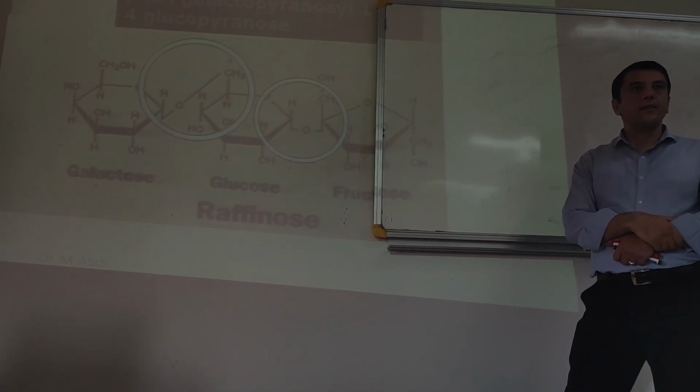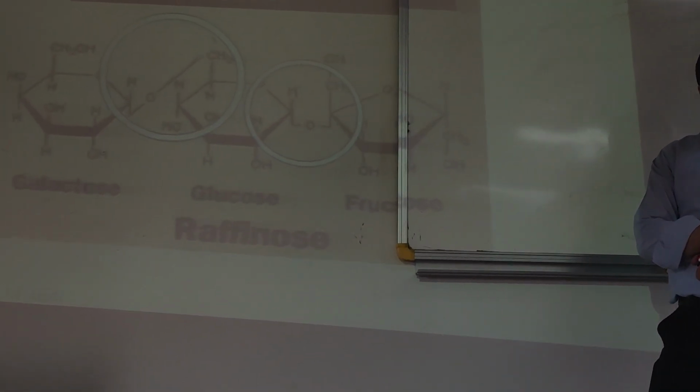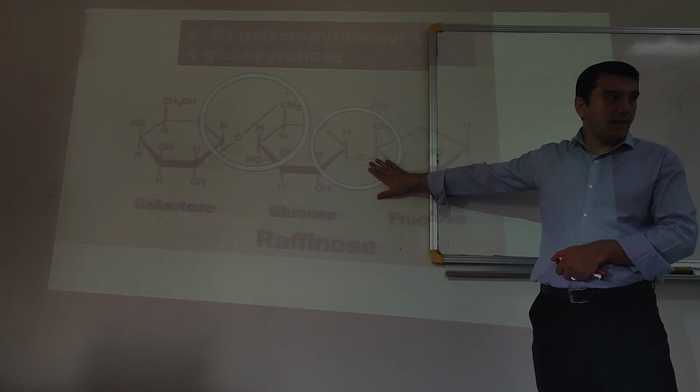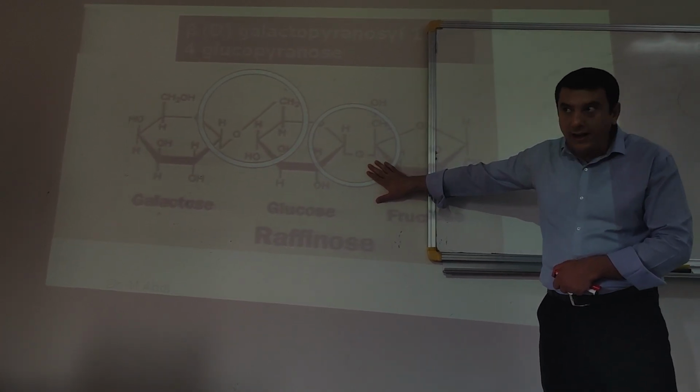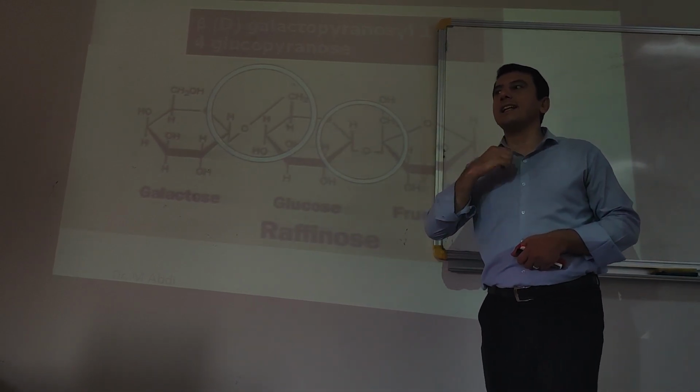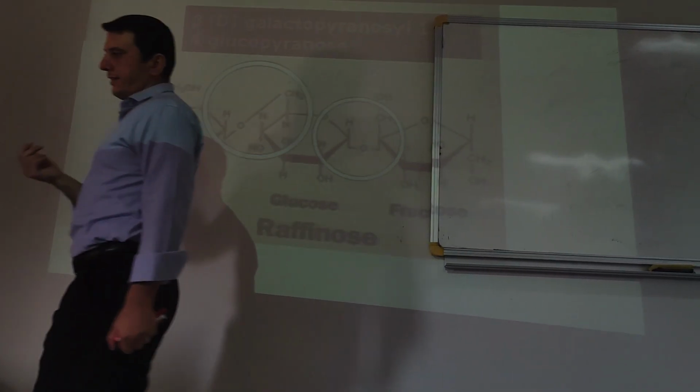No, it's fructose. Very good. And in fructose, this is the ketone, so it's the second carbon that is the functional group, the anomeric group. So raffinose is not a reducing substance.